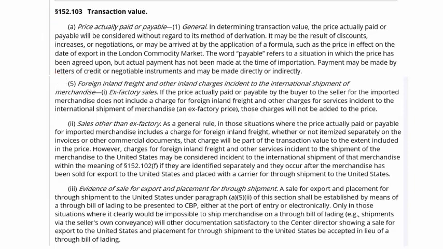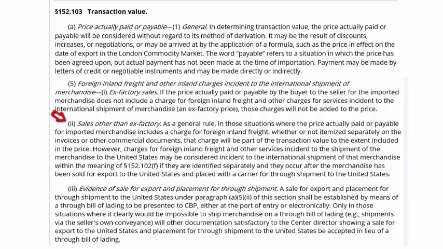And one can see that we're using the exact terminology in the slides that we've put together on this subject. If the price actually paid or payable by the buyer to the seller for the imported merchandise does not include a charge for foreign inland freight and other charges for services incident to the international shipment of merchandise, those charges will not be added to the price.